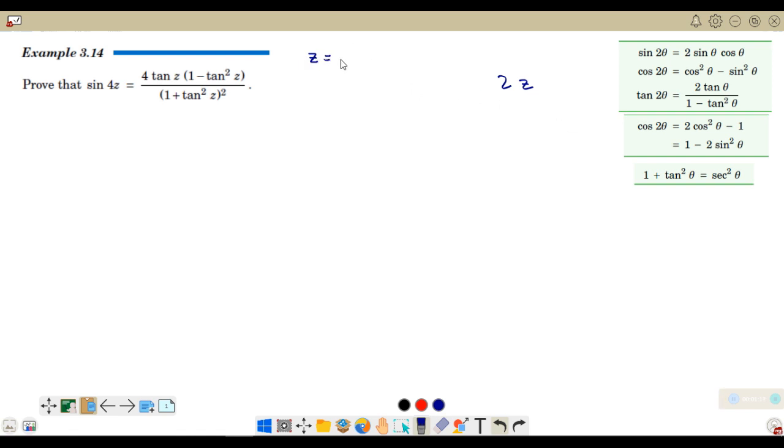So, nalilito ako. Instead of using z as our variable here, let's change this into theta. And then, dun sa dulo, pag napalabas na natin that sine 4 theta is equal to 4 tangent theta times 1 minus tangent squared theta over 1 plus tangent squared theta squared, ay equal talaga.